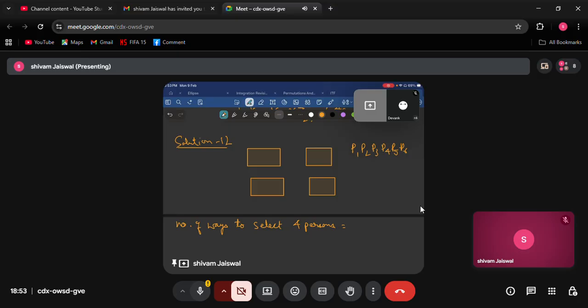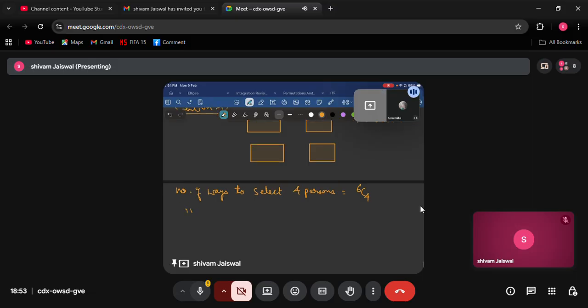Sir, 64. Okay. And in how many ways can we arrange them? Into 4 factorial, right? Number of ways to arrange them will be equal to 4 factorial.